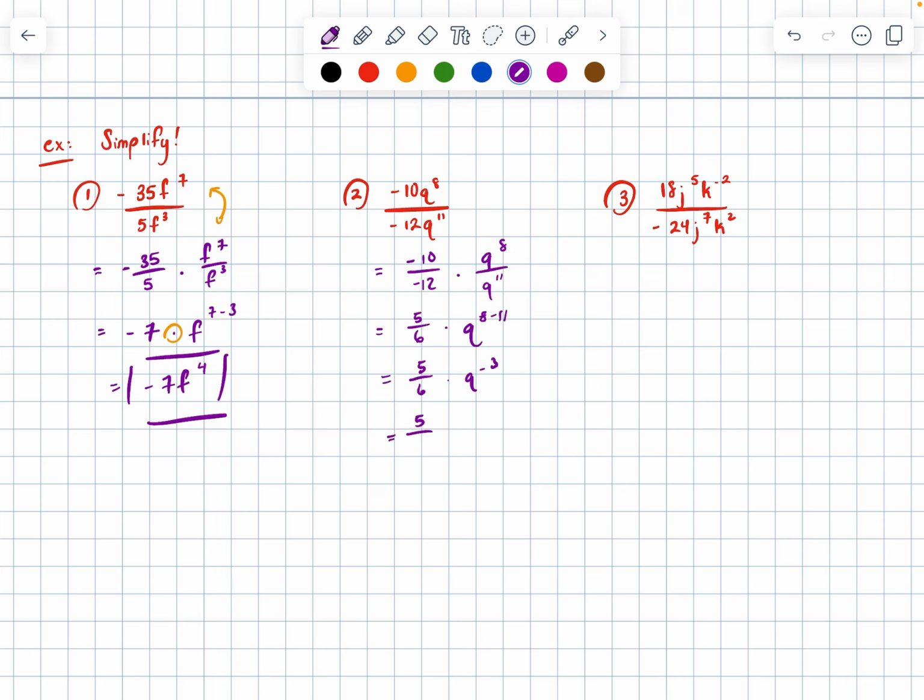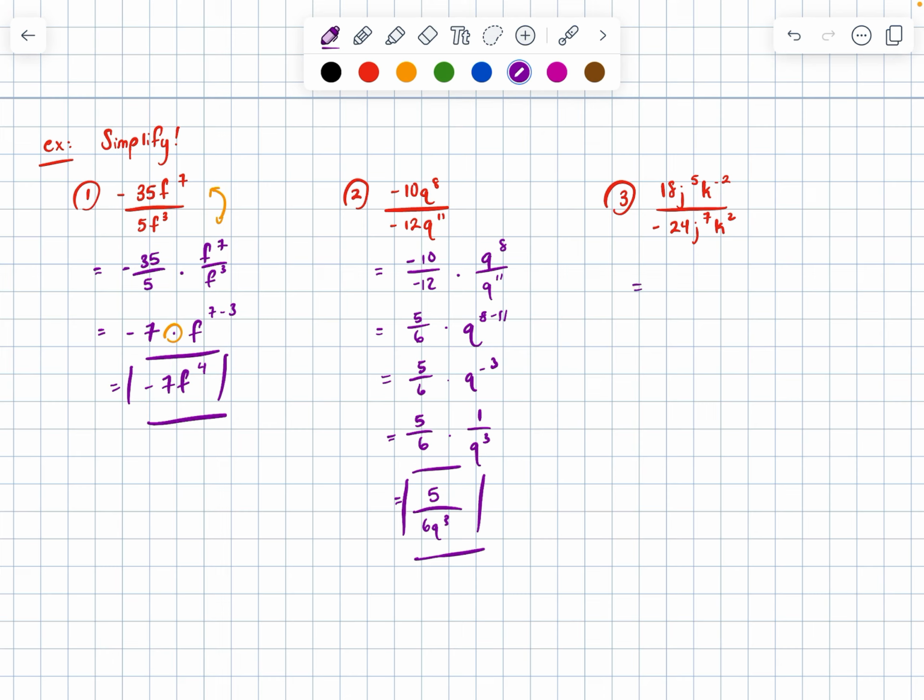Well, q to the power of -3, by our third law of exponents, that's 1 over q to the 3rd power. And now if I multiply my numerators, multiply my denominators, 5 times 1 is 5, and 6 times q to the 3rd is 6q to the 3rd. And finally here, I've got 18 j to the 5th, k to the -2, over -24 j to the 7th, k to the 2nd.